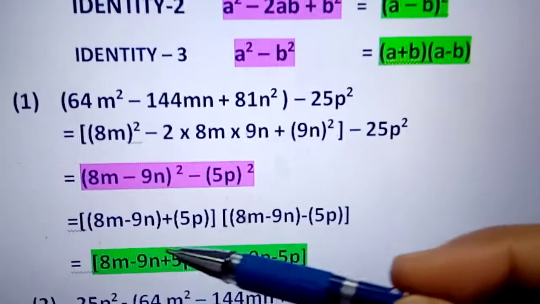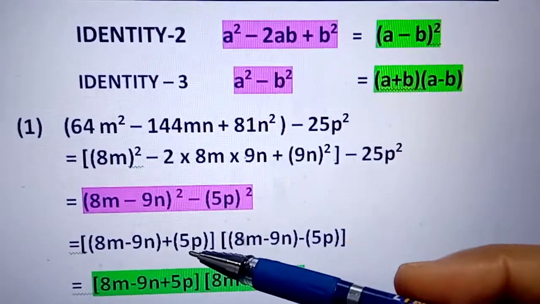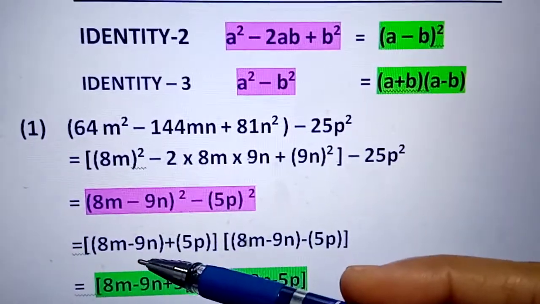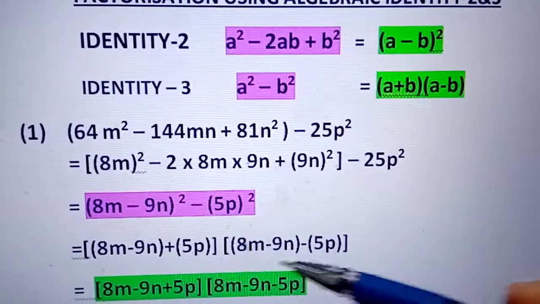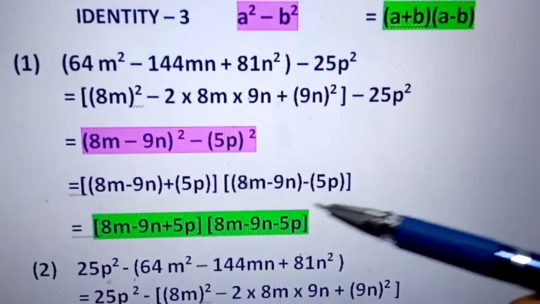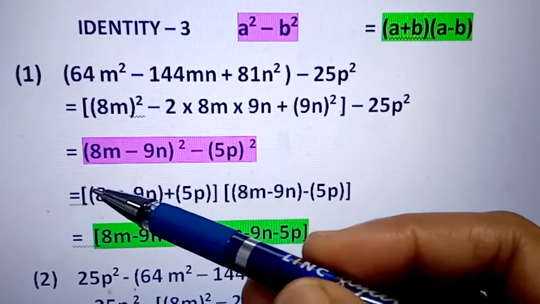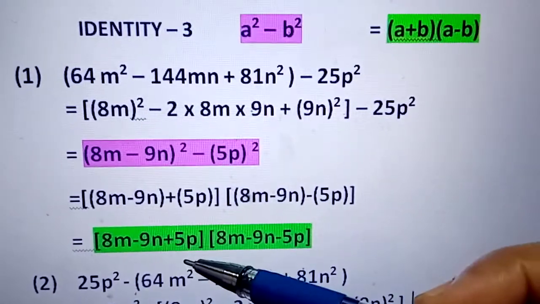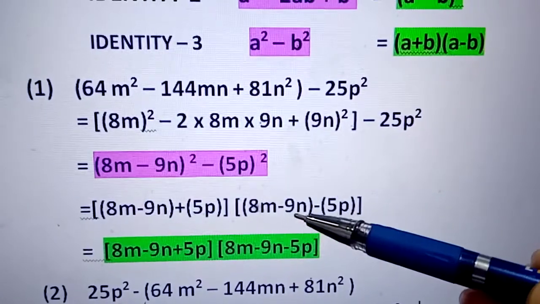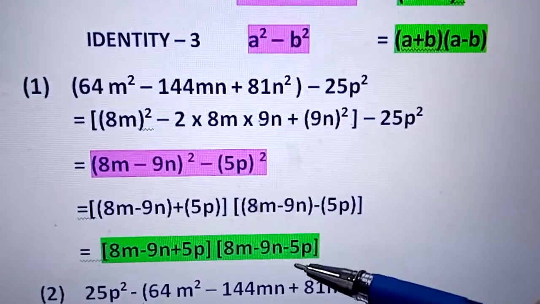So you can write it as a plus b. This is the a part, and 5p is the b part, a plus b and a minus b. And after that you remove this small bracket. Remove it from here. From here also remove the small bracket.